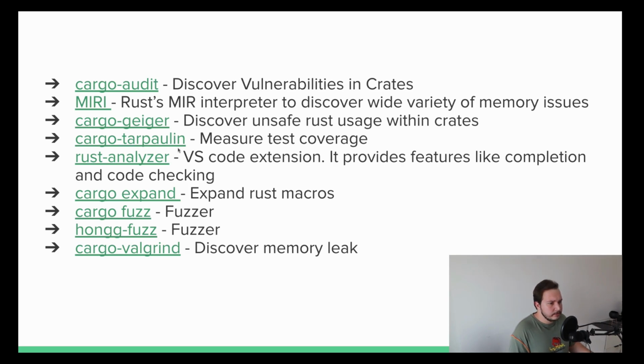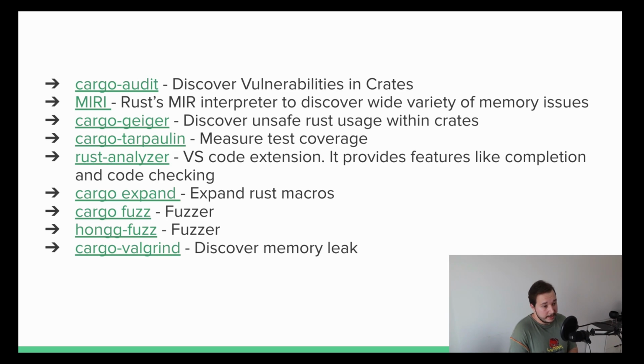There is cargo Tarpaulin, for test coverage, which is always good. Rust Analyzer, I guess everyone already has it by default, but just in case I put it there: code completion, code checking, it just makes everything easier to use. Cargo Expand, for expanding Rust macros, might be a good thing to learn about some macros we use without thinking about how they were built.